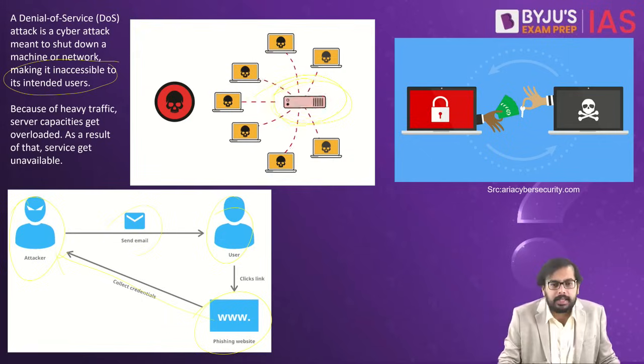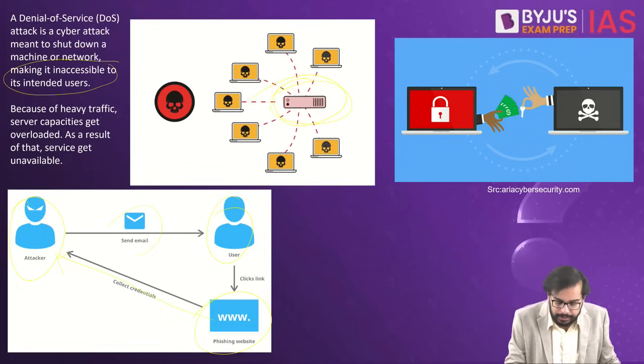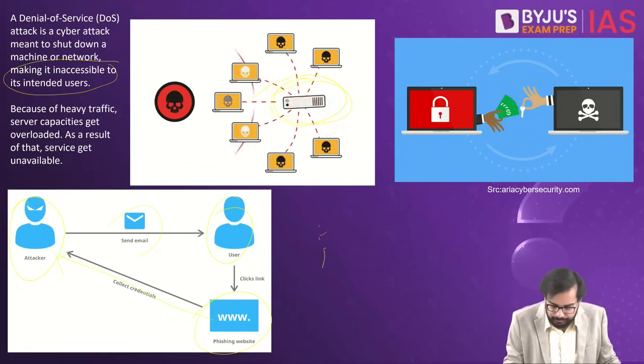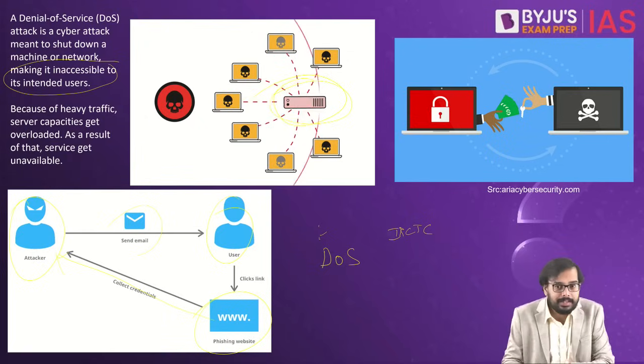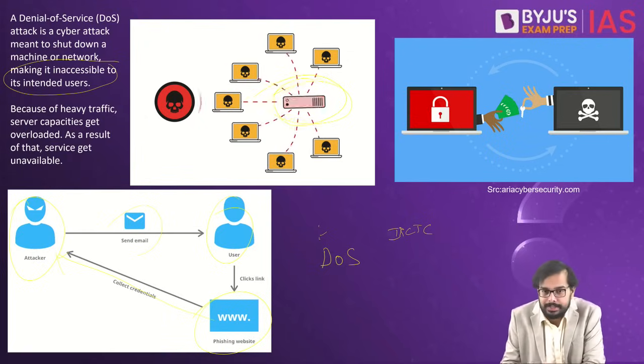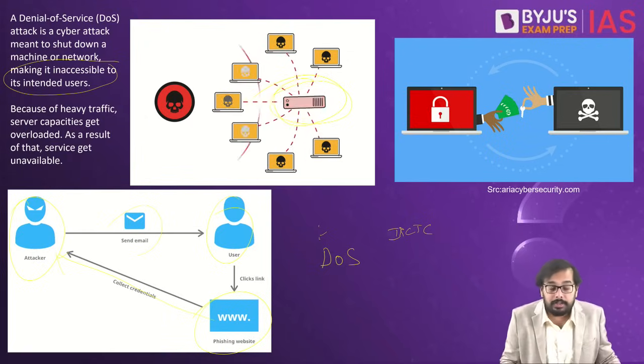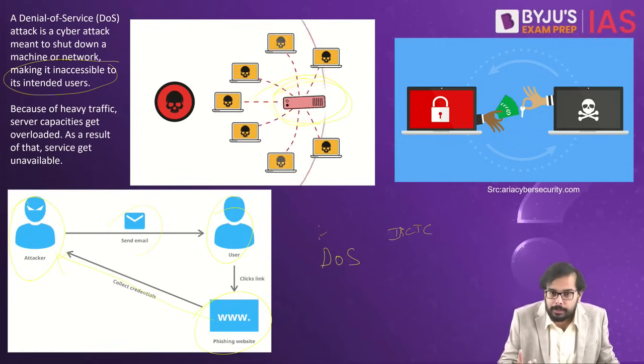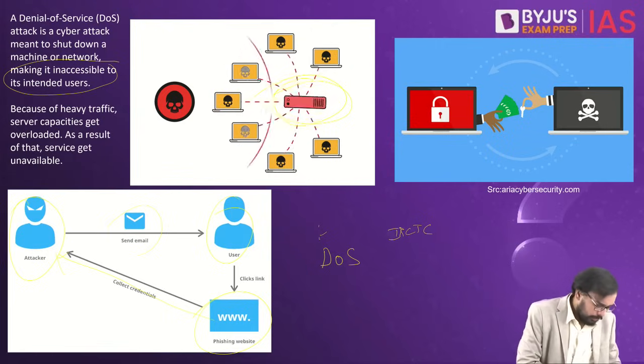For example, IRCTC, the railways: if there is a DoS attack, that is a denial of service attack, on IRCTC, it means the attacker has unnecessarily overburdened the IRCTC website so much that the intended users are not able to access it. So that is called denial of service.